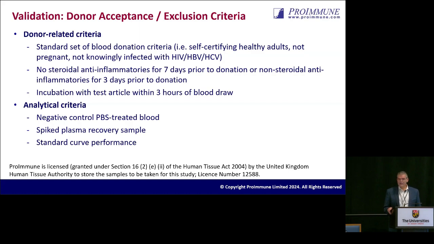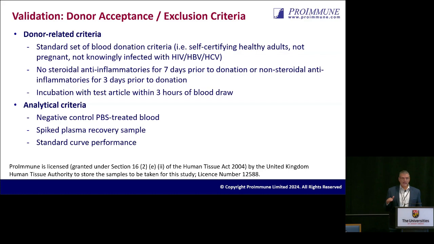They haven't taken any steroidal or non-steroidal anti-inflammatories for either 3 or 7 days prior to donation. So steroidal anti-inflammatories for a week and non-steroidal for 3 days prior to donation. And the bloods that come from the donation have to be incubated with that test article within 3 hours of blood draw. The analytical criteria are also very important.